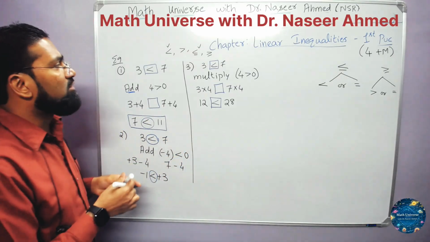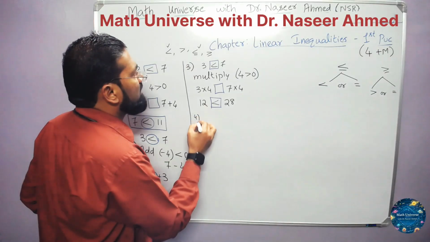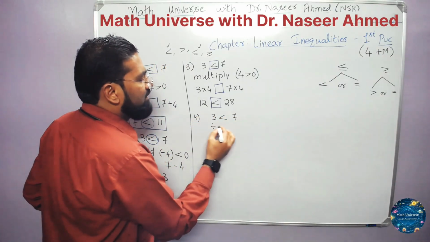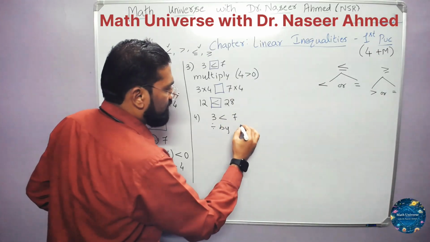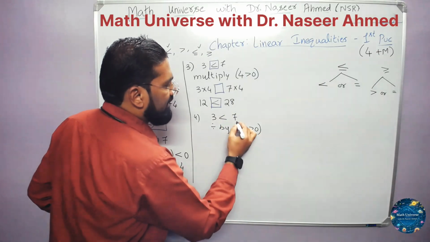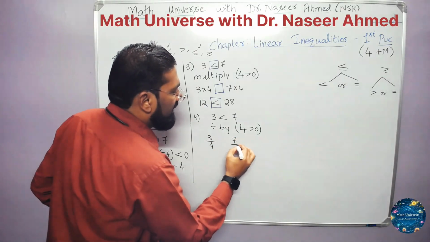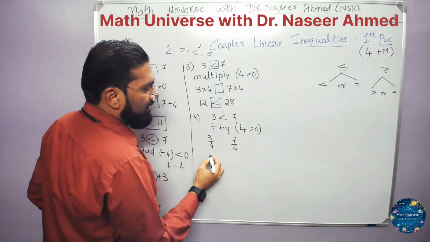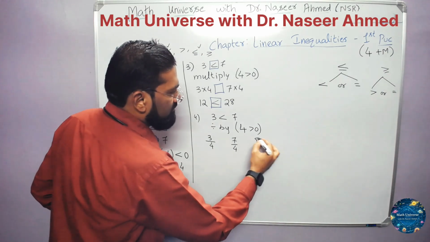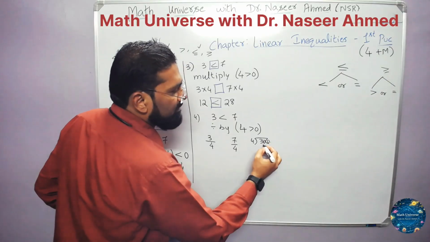If you want, we can cross check. Let us take one more, a fourth example. 3 is less than 7. Let us divide by one positive number, the same 4. Divide by 4, where 4 is positive. 3 by 4 and here 7 by 4. 3 by 4, let us divide here. If I give 30, 4 sevens are 28.